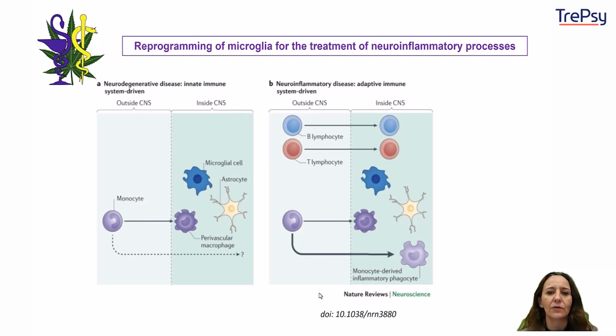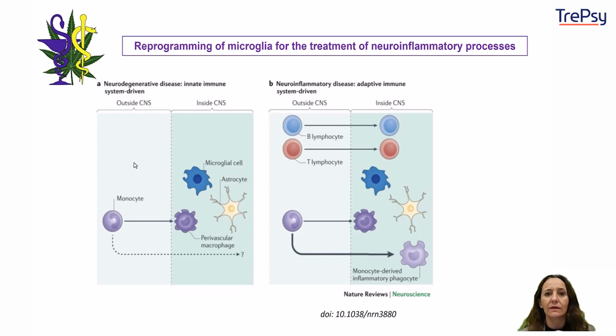So if we have a look at the innate immune system and the adaptive immune system, these cells were thought to be always outside the central nervous system, but years ago one group defined the possibility of the incoming of these cells into the central nervous system.